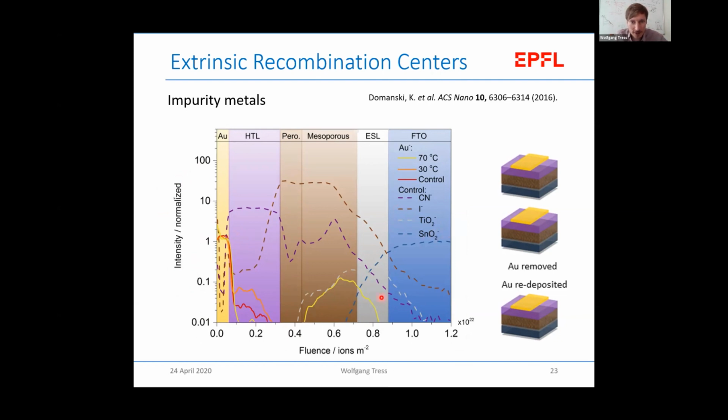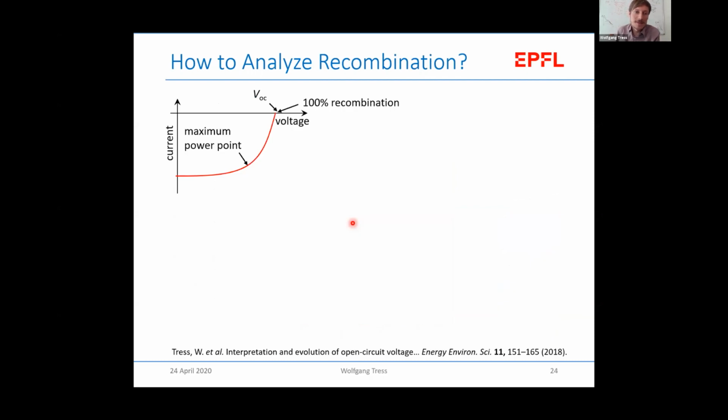And you can indeed see here, this is the signal from the gold. So indeed in this perovskite mesoporous layer, after the heat treatment, this is the solid line here, some gold signal appeared there, which shows that this gold entered the active material and served there as a defect.